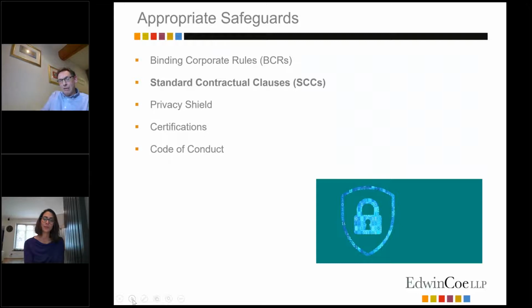And also they don't cover the situation where a processor wants to use a sub-processor. So they don't do what I would describe as P2C, processor to controller, and they don't do processor to processor or processor to sub-processor.